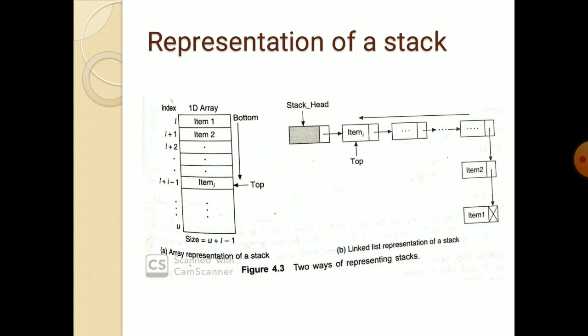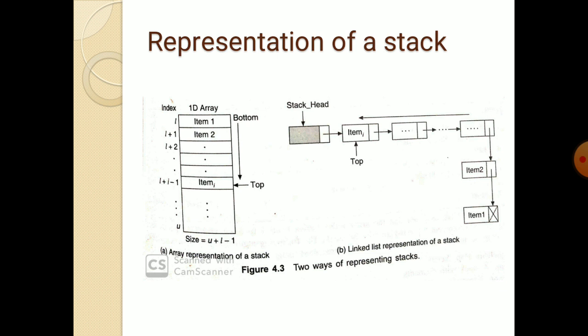Here the current node, that is the node followed by the stack head, is the top and contains the first, topmost item of the stack. The last node, item 1, contains the bottommost item, and in the last node of the linked list the pointer field is null.